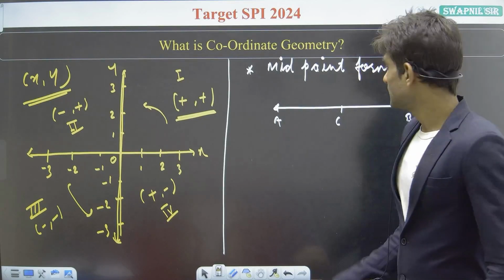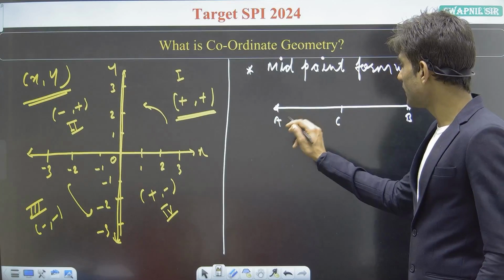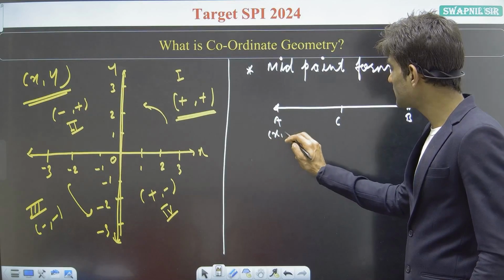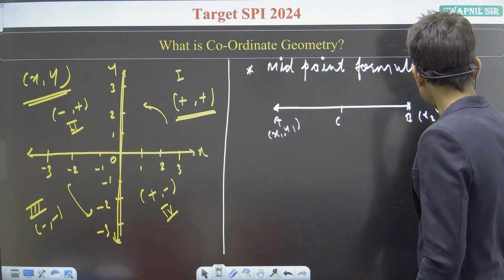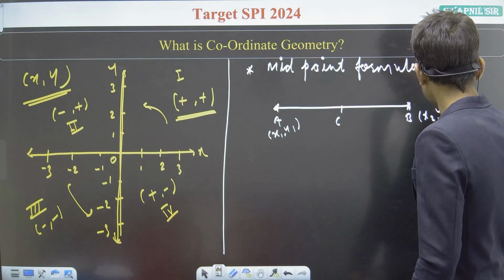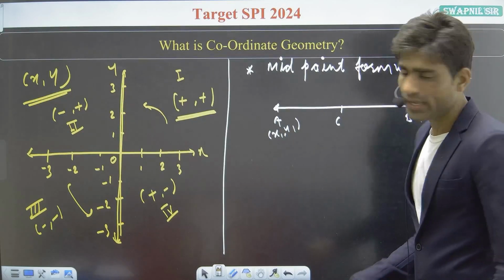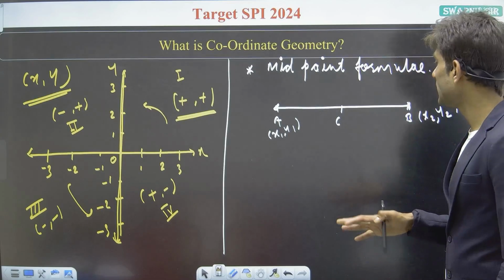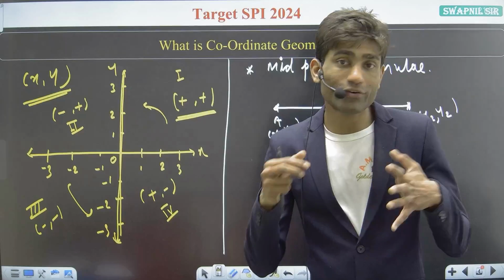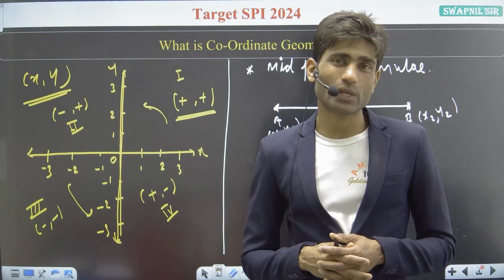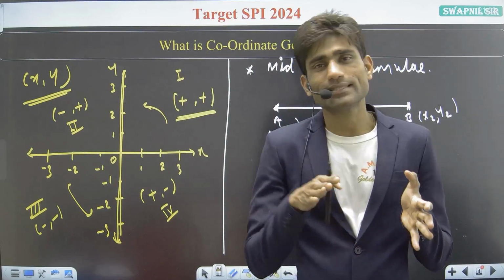A has coordinate x1, y1, and B has coordinate x2, y2. This one is the coordinate for A, this one is the coordinate for B. Now using the midpoint formula, I have to find the coordinate for C, the coordinate for x and the coordinate for y.